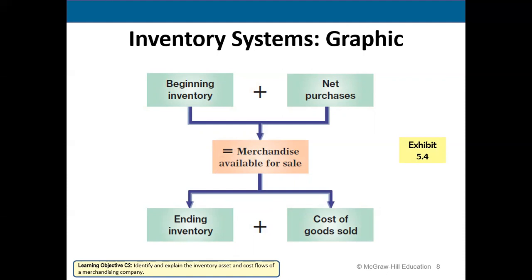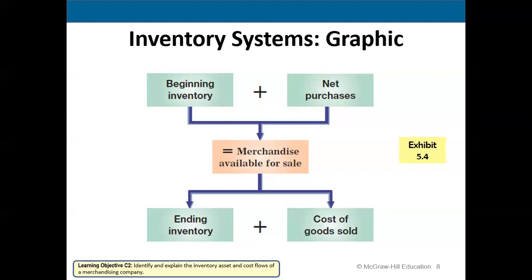And so in a little notebook for each item, I would write down the inventory we had at the beginning of the period, which would be the same as the inventory we had at the end of the previous period. And then throughout the year, I would add any purchases of the item, which would give me my merchandise available for sale. And then at the end of the year, I could count up how much of the item we had, and that would be our ending inventory.